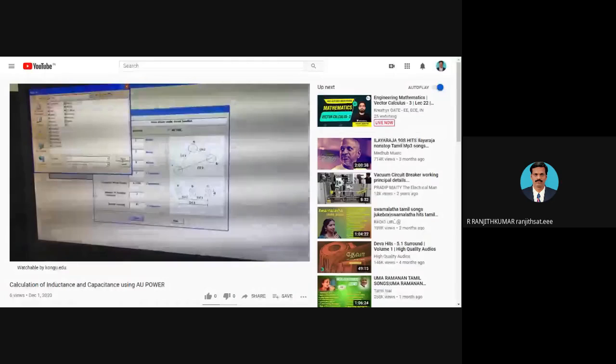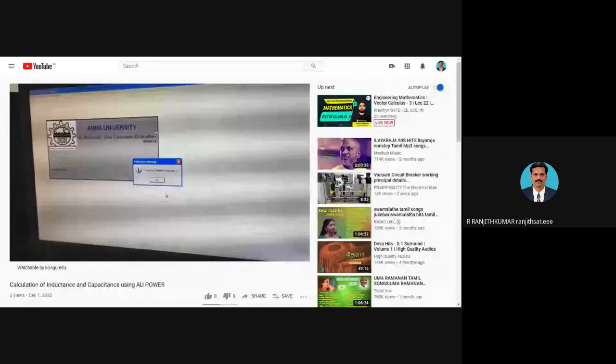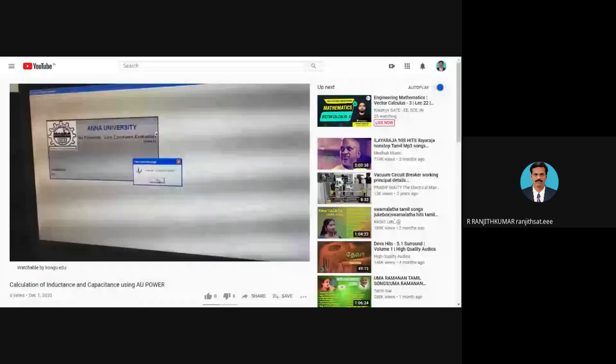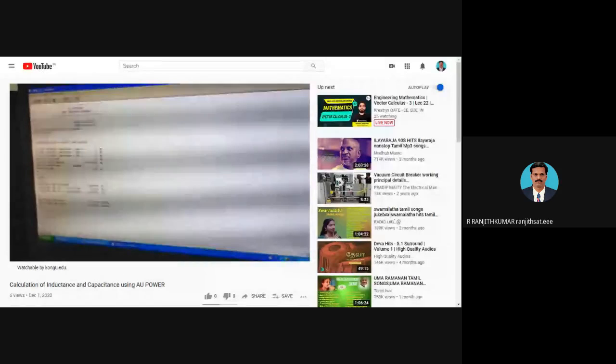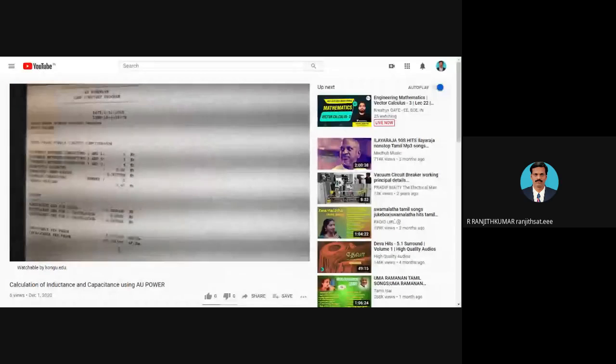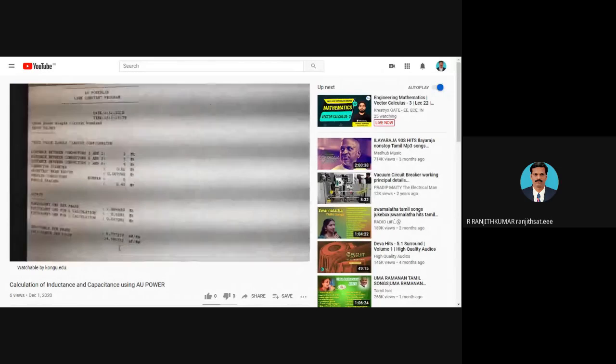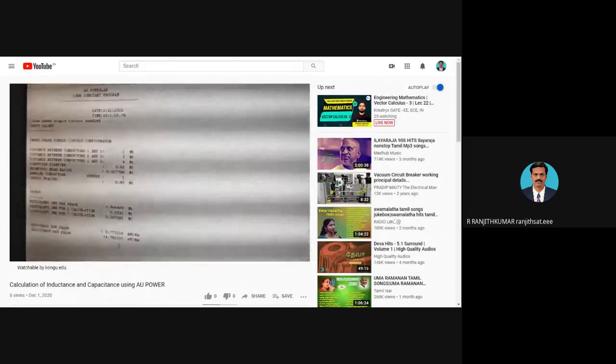So going to give any name, and after saving it, run it. So successfully run. So view output. You can see the output here. Inductance per phase is 0.77 millihenry per kilometer and capacitance is 14.7 nanofarad per kilometer. So this is what we got in the tabular column also.